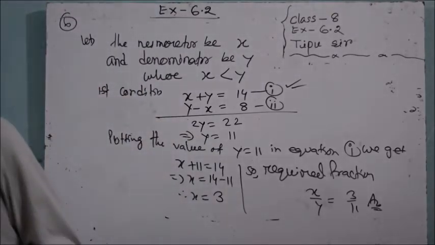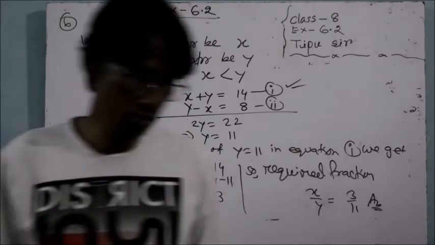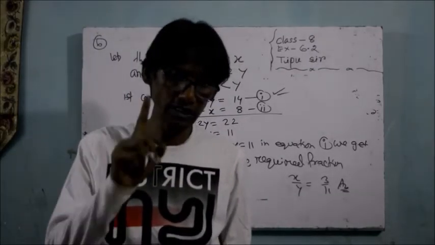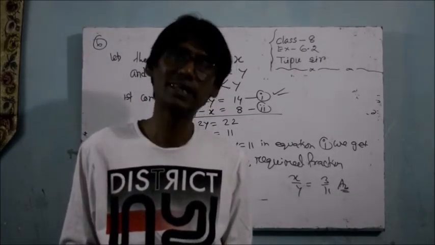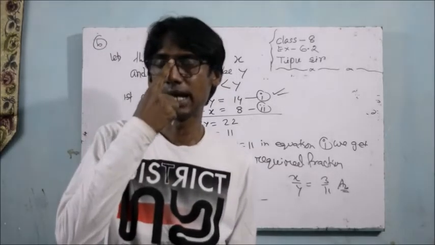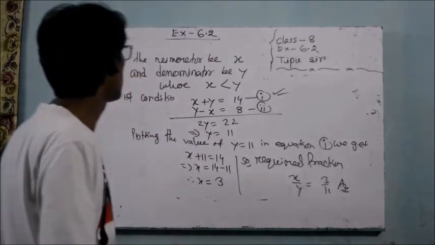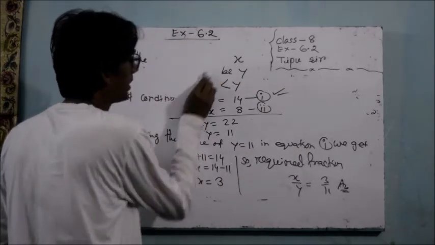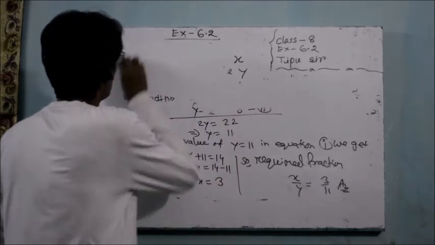So math number 7, you have to read the question more carefully. If the sum and difference of the two digits of a two-digit number are 10 and 4 respectively, find the number. Here sum is 10 and difference is 4. So let one number be x and the other number be y.